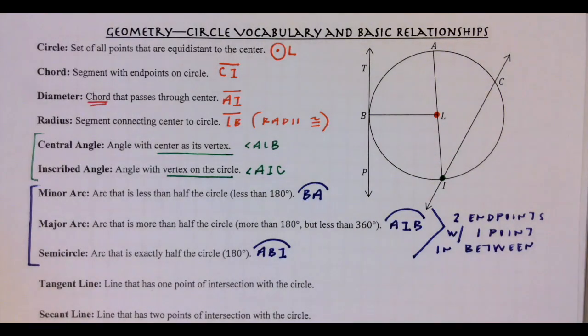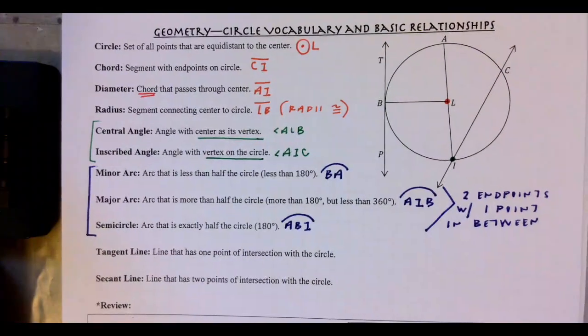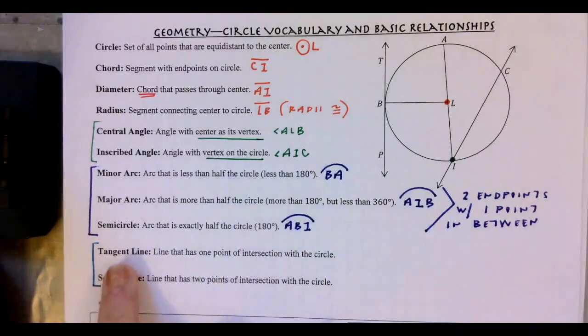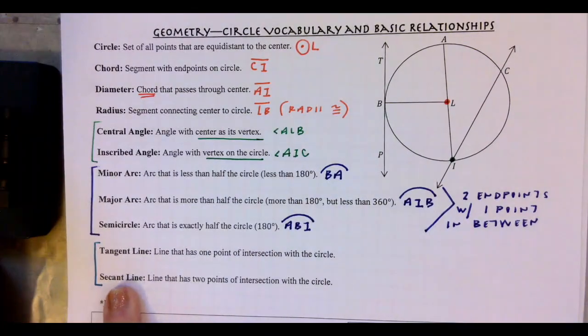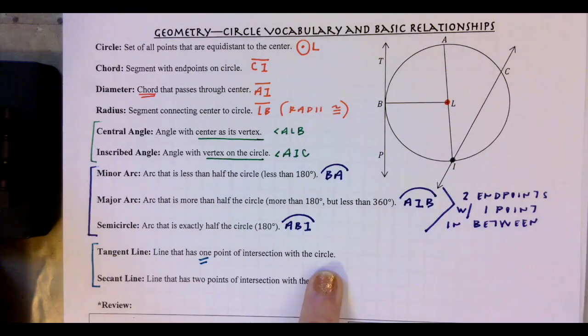Okay, so lastly, we have our two types of lines. So we have tangent, we have secant. So a tangent line is a line that has one point of intersection with the circle.